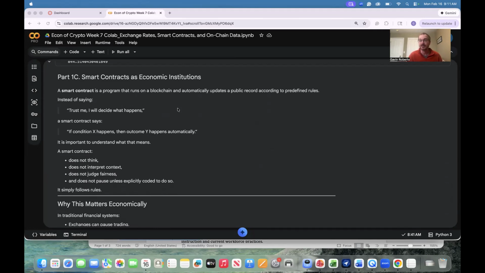They have a shared and very solid understanding of history that people publicly understand in a decentralized way. So a computer program on one of those automatically updates a public record, because that's what's on a blockchain like Bitcoin. It is a public record. That's really where its value is derived from, according to predefined rules.